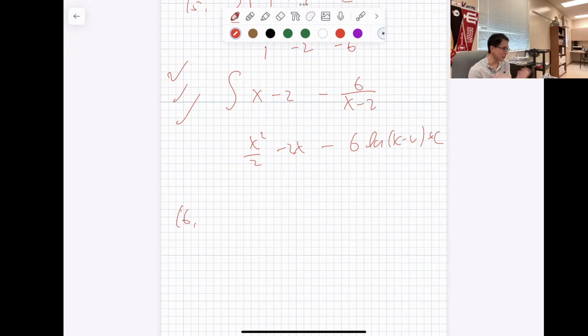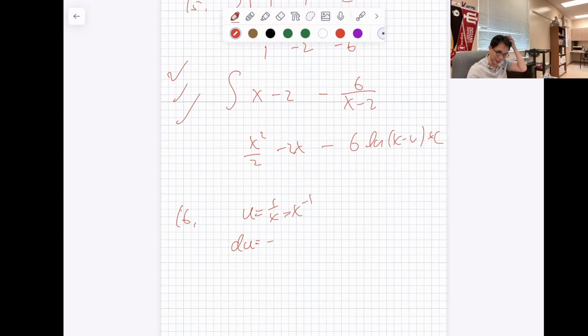The easy one is actually the one on the left. u equals 1 over x, du equals negative. Wait, this is x to the -1, so -1 x to the -2 dx. So this one is negative x squared du equals dx.